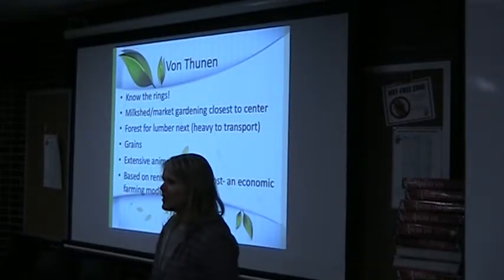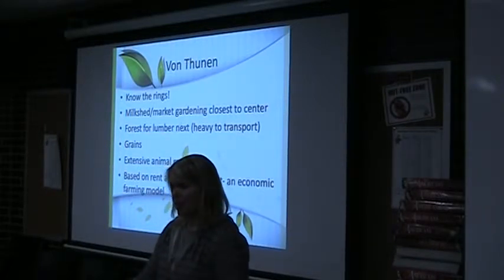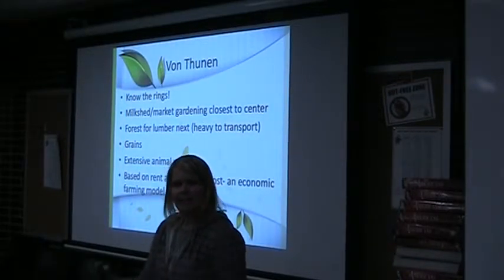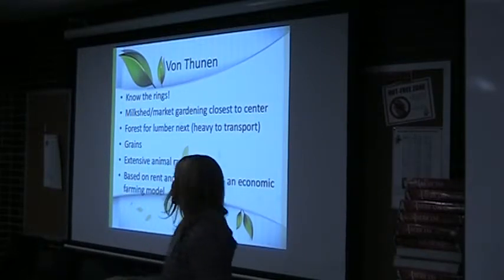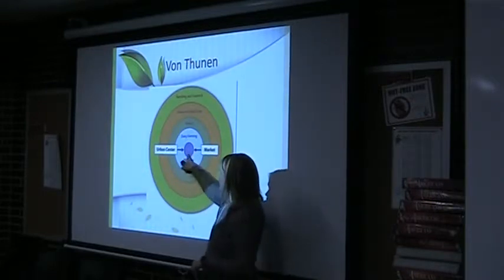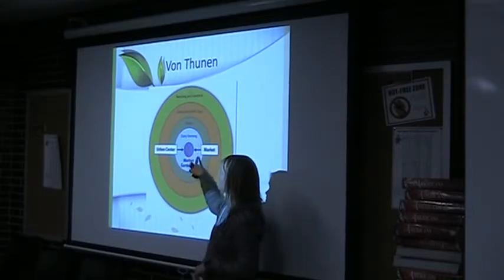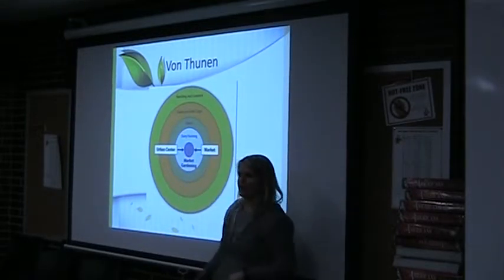But what about something like fruit or vegetables? That has to be close, because it needs to be carefully transported or you're going to crush it. All right, so, yes, the urban center, dairy and market gardening, then the forests, then the grain crops, and the ranching.